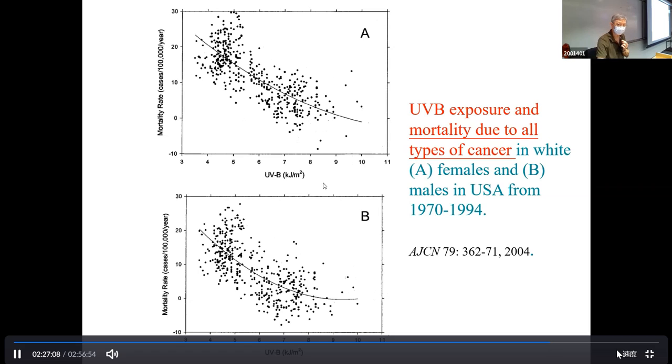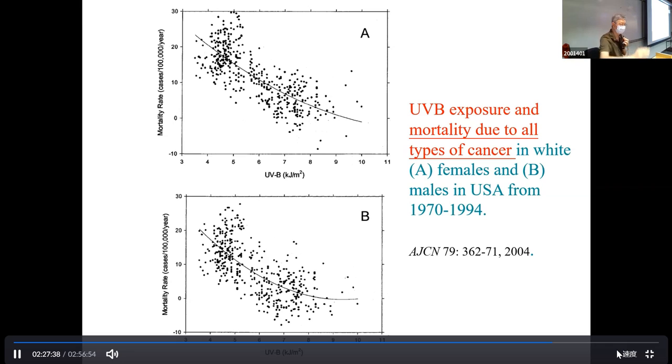What is the other axis? It is sun exposure, at least monitored as UVB exposure, okay? So if you have less, mortality is high. That means the less exposure you have to sun, the higher the risk of chronic diseases and the higher risk of mortality due to chronic diseases.